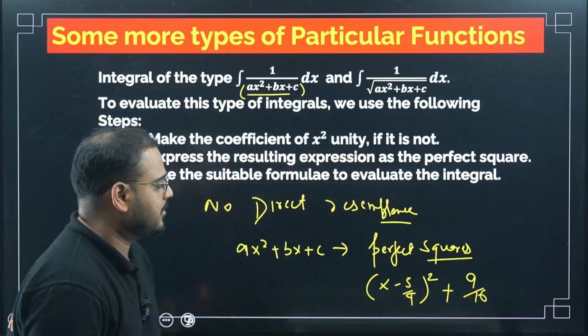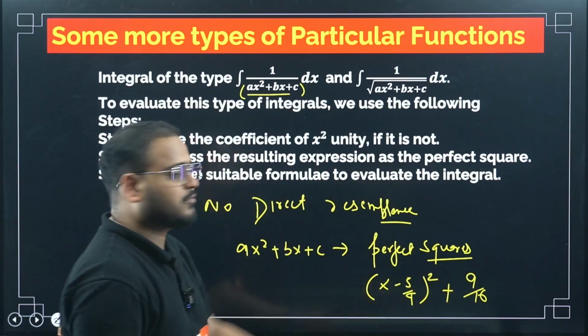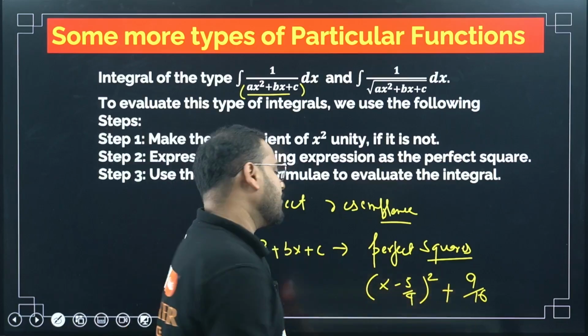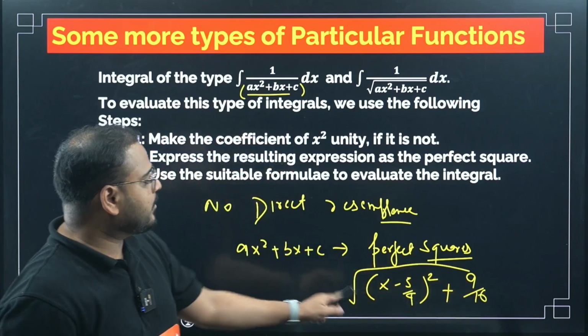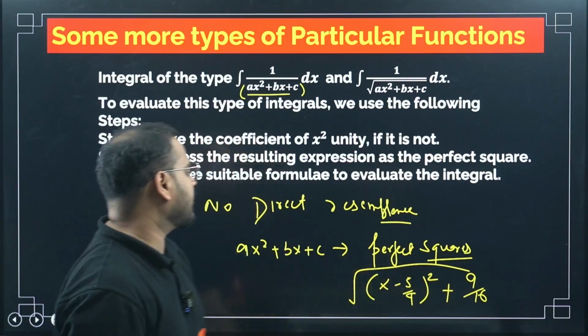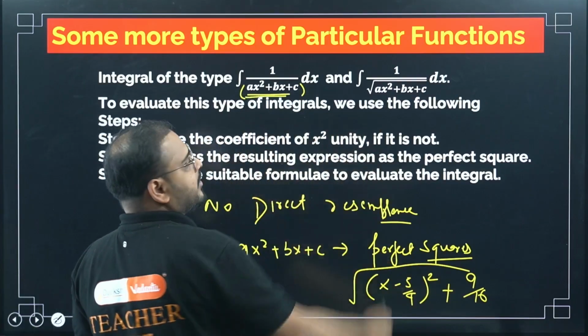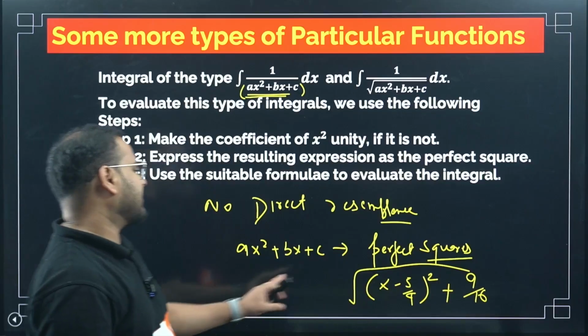Whether there is a root or not, this resembles the form x square plus a square, also with a root. So you will have these forms once you convert the given quadratic expressions into perfect square forms.